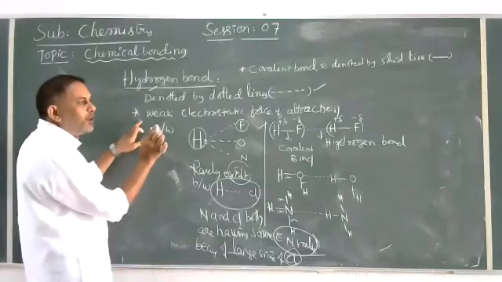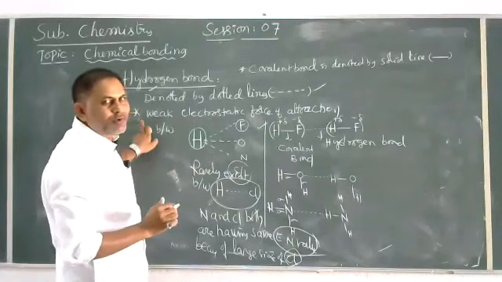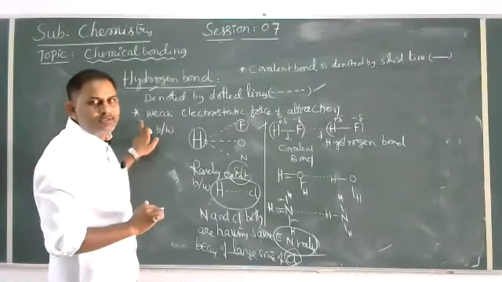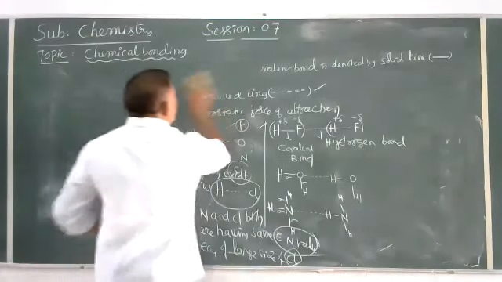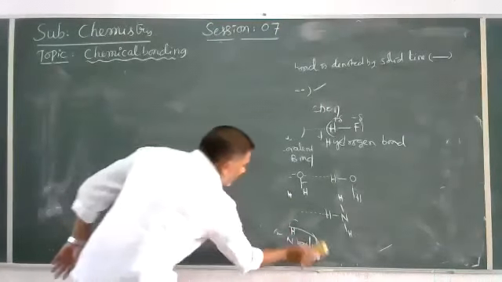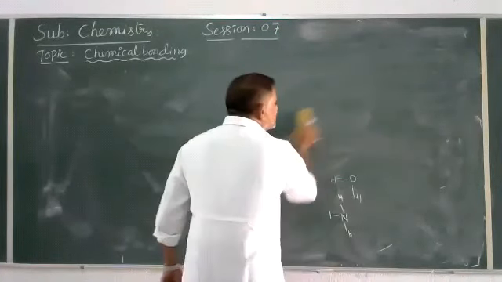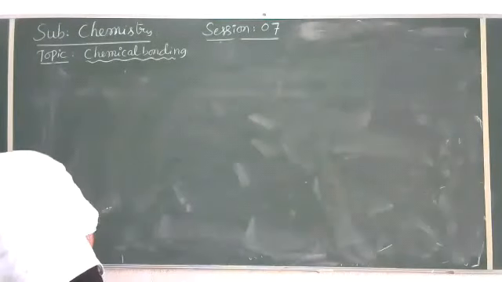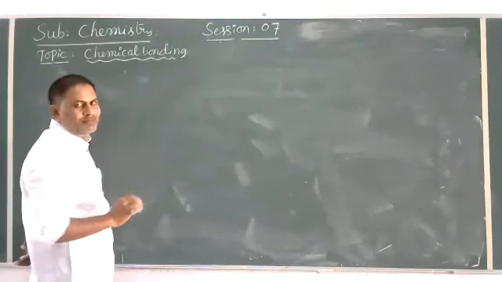Based on the type of molecule, we can again divide hydrogen bonds into two types: intramolecular and intermolecular hydrogen bonds. These two are important. An intramolecular hydrogen bond is a type of hydrogen bond which is present within the molecule, between a hydrogen atom and highly electronegative fluorine, oxygen or nitrogen.